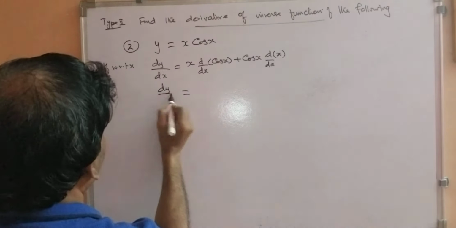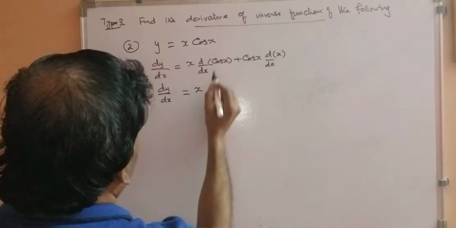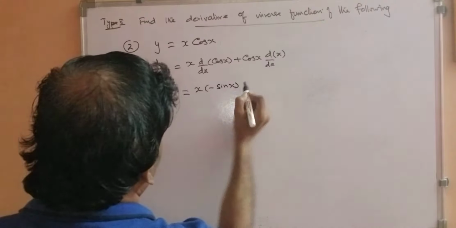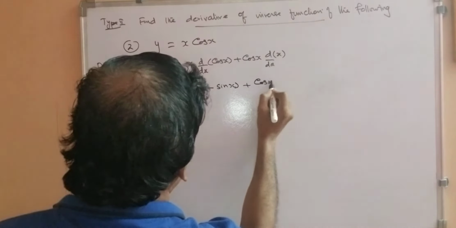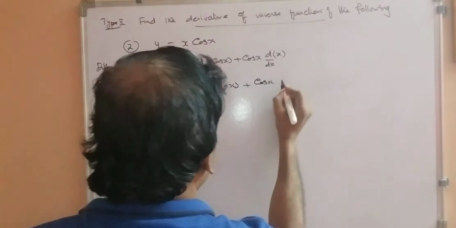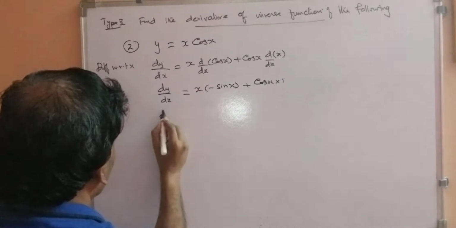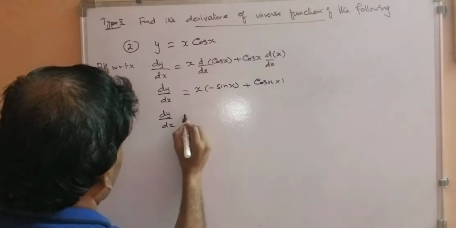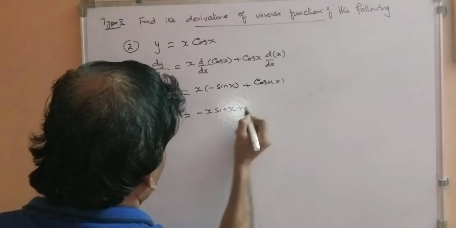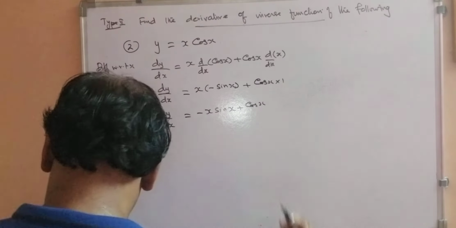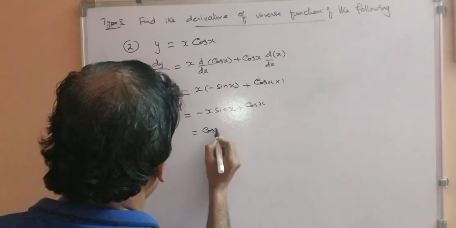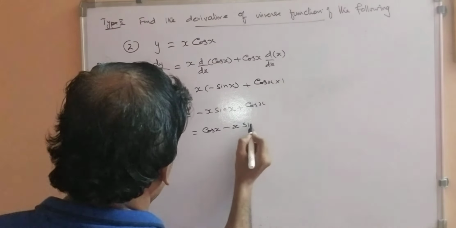So x into, what is the derivative of cos x? Minus sin x, plus cos x. What is the derivative of x with respect to x? 1. So dy by dx equal to minus x sin x plus cos x, or if you want, we write cos x minus x sin x.